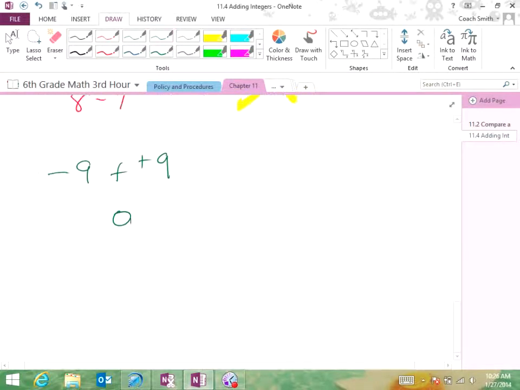Now, the reason being is because of this. We take the absolute value of those two numbers. The absolute value of negative 9 is 9. The absolute value of positive 9 is 9.